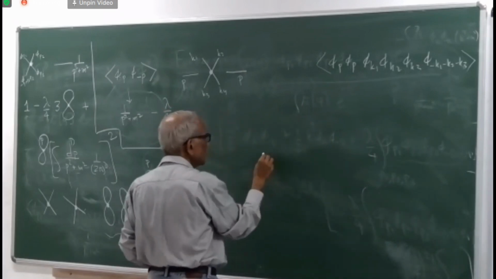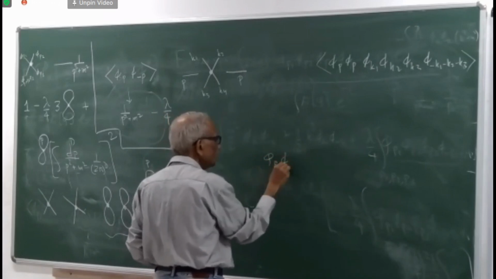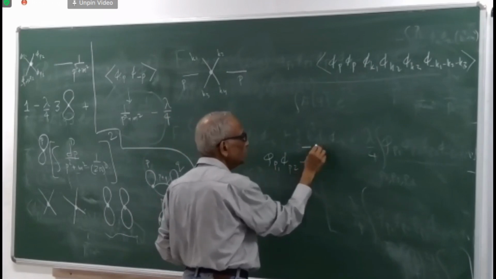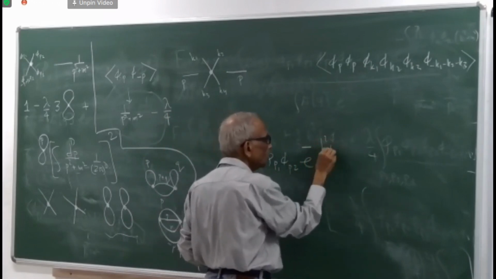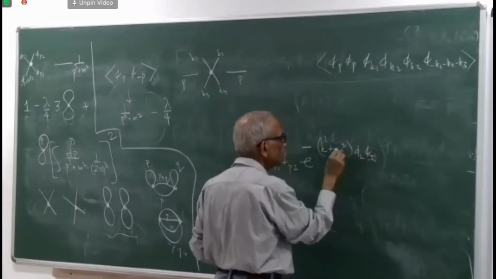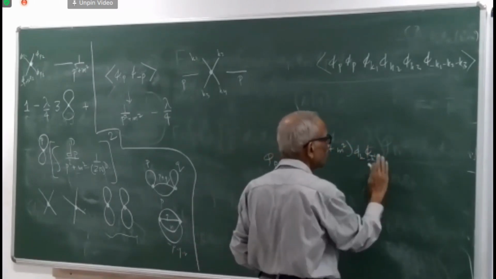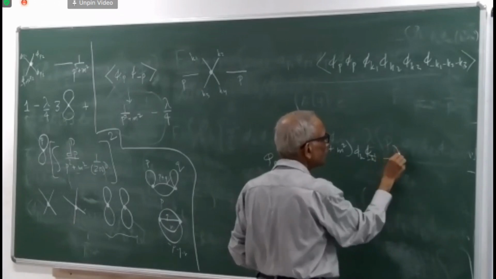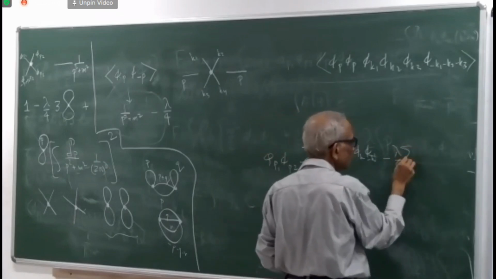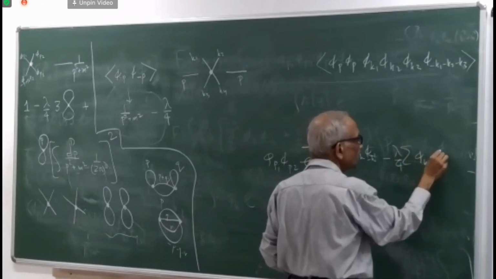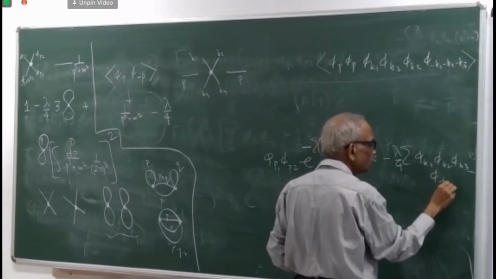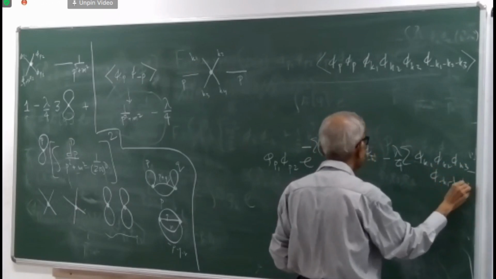Because it is phi p1, phi p2, e to the power minus k square plus m square, phi k, phi minus k, sum over k, minus lambda by 4, and then with these sums, phi k1, phi k2, phi k3, phi of minus k1, minus k2, minus k3.